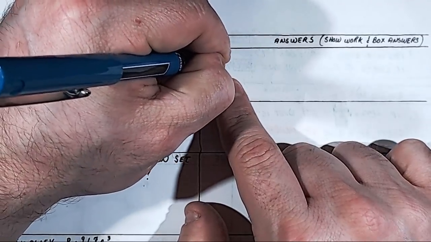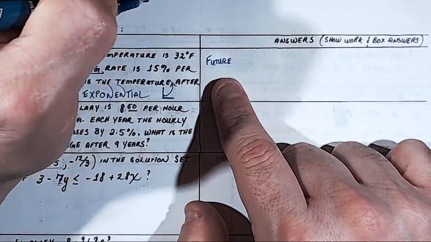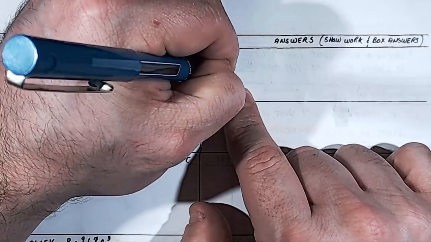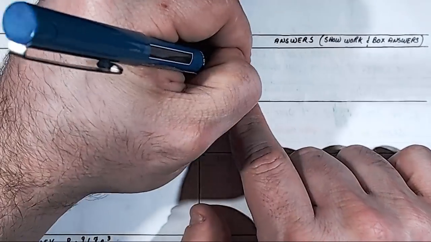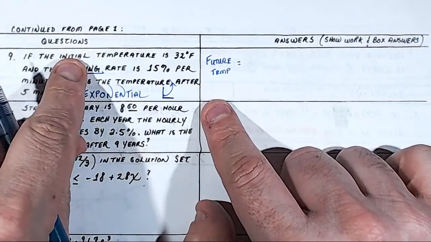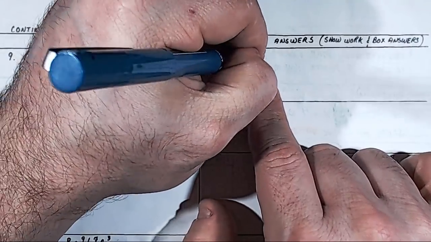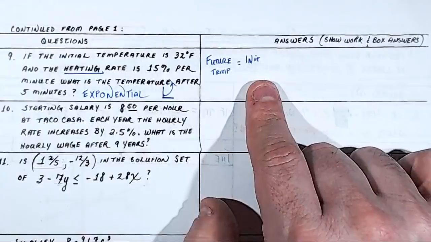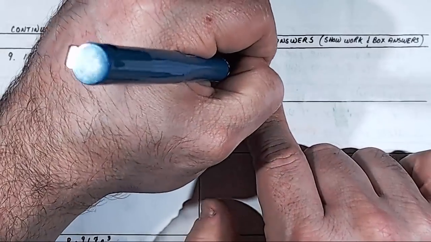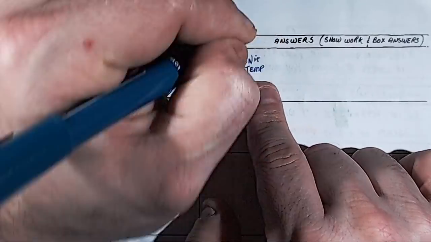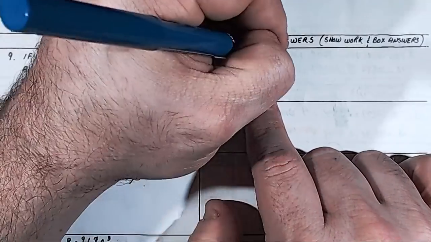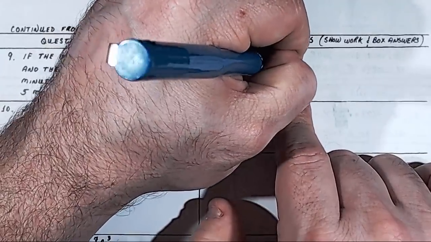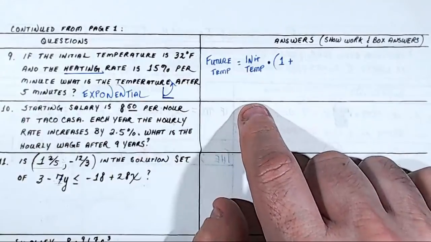Okay, so what I can say is future temperature, future temp is equal to the initial temperature, and I'll abbreviate initial as init temp. Initial temperature multiplied by 1 plus the rate of growth.